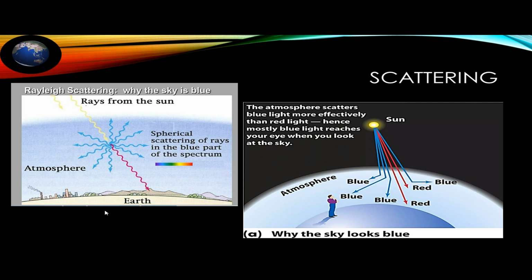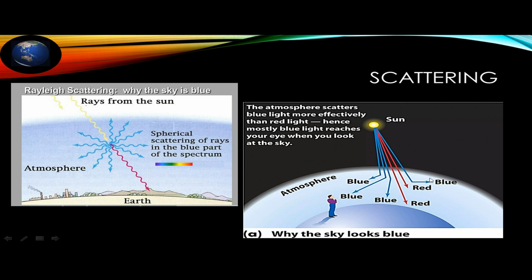The atmosphere scatters the blue light more effectively than the red or green or any other light. Hence we can see the sky appears blue in daytime because the sun is directly towards the earth surface. So in the daytime the sky appears blue, and mostly blue light reaches your eyes when you look at the sky.